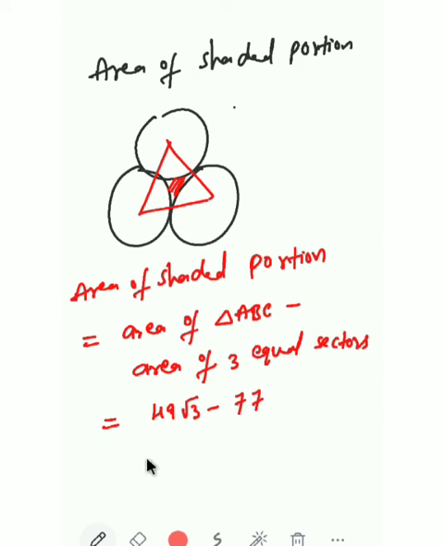So the area of triangle ABC is 49 root 3 minus 77. We know the root 3 value is 1.732. If you multiply 49 by 1.732, you will get 84.868 minus this 77.